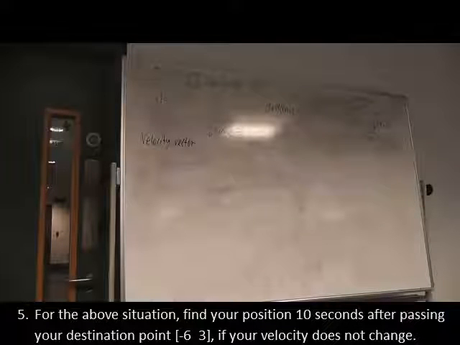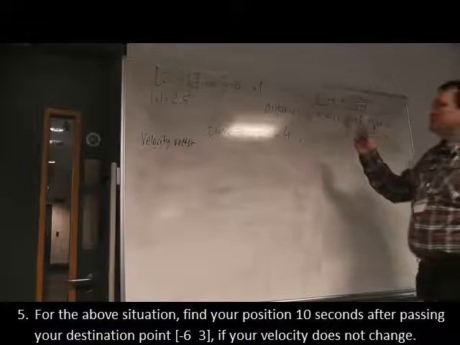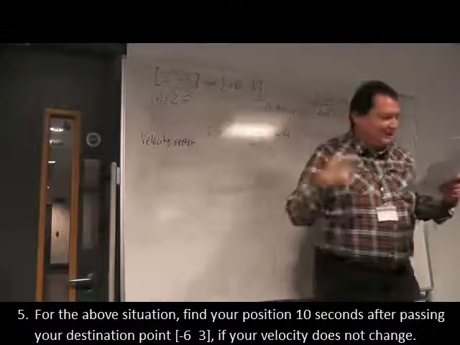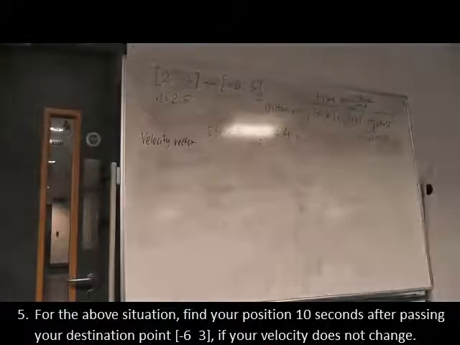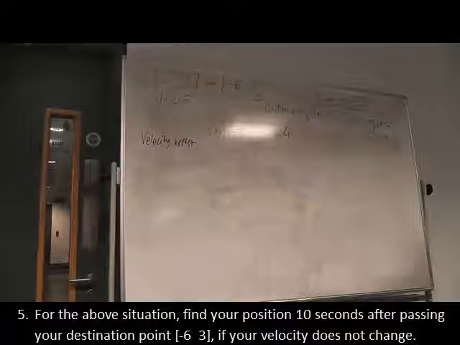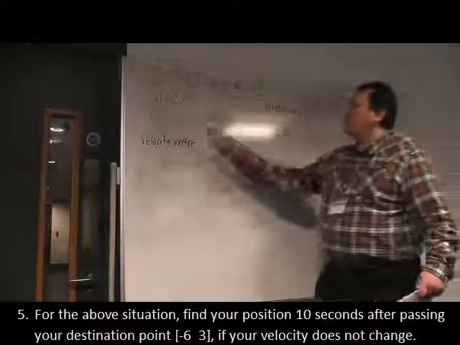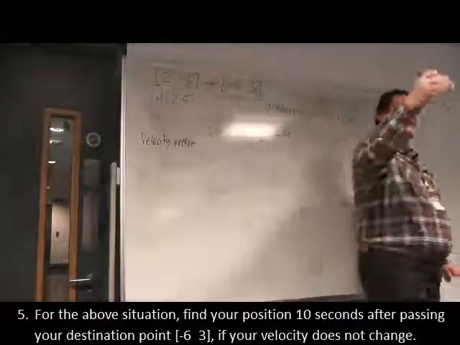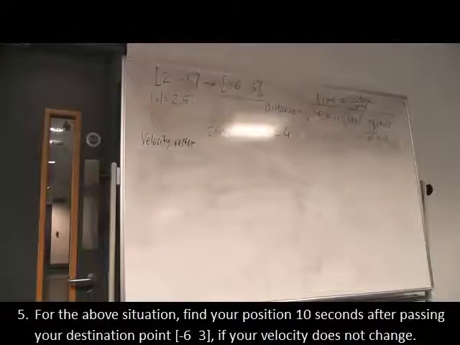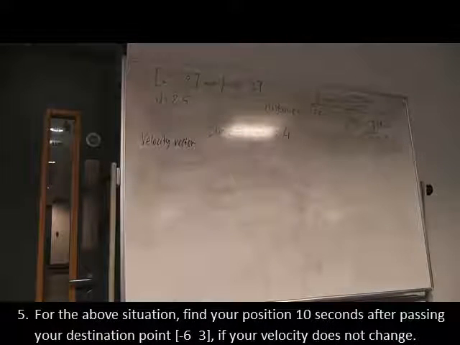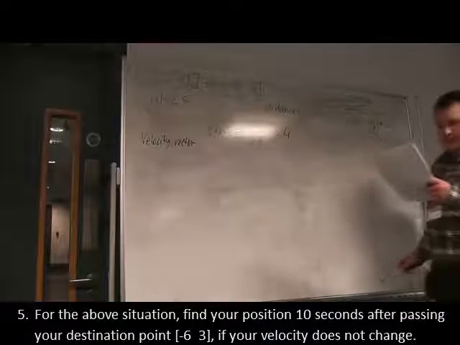We know our starting point. This is actually this point this time, because the question says after passing our destination point, 10 seconds later. Moving 2.5 units per second, 10 seconds later we will be 25 units away from this point, but we don't know yet exactly which direction. So we will need the velocity vector.